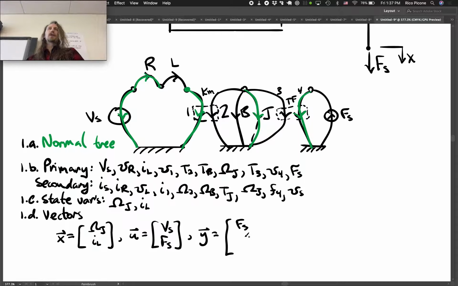We're going to want to look at what's happening with the force source. Let's also look at the torque and angular velocity, so the angular velocity of 3 and the torque of 3. Eventually, we're going to want to put this in a feedback loop where we're controlling one of these variables, so that's why I'm going to take a look at all three of them.